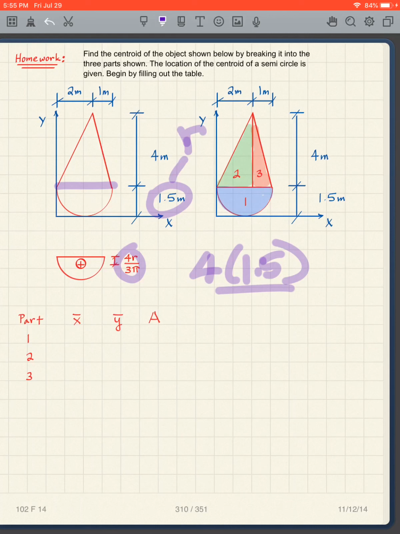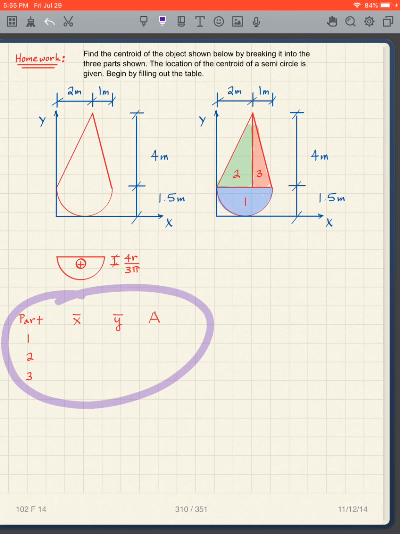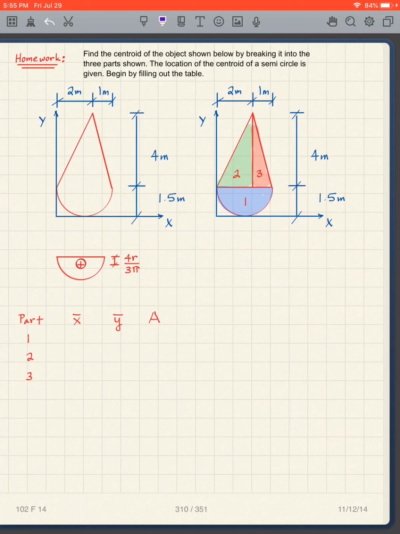And of course, you know the area of a circle is pi r squared, so it's 1/2 pi r squared for a semicircle. So what you need to do is fill out this table for these 3 areas and find the location of the centroid. Okay, so pause the video here and do this one.